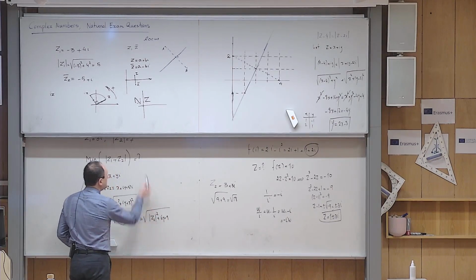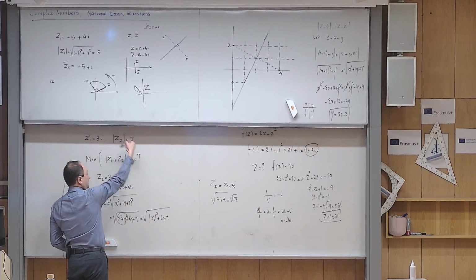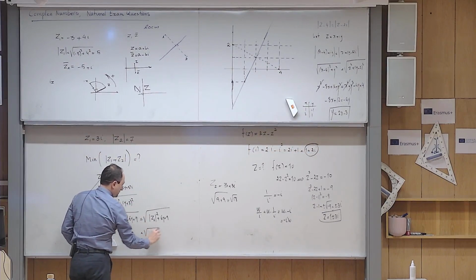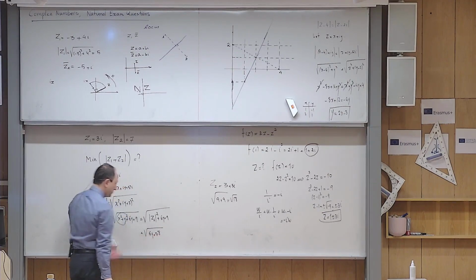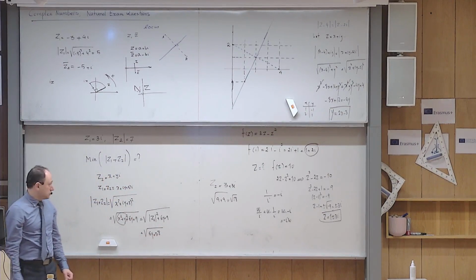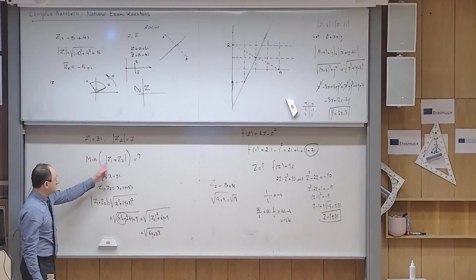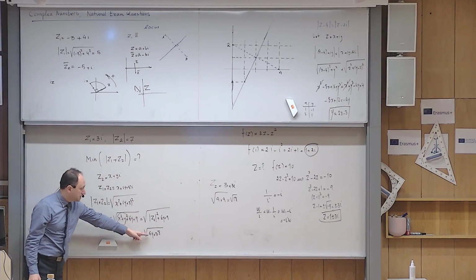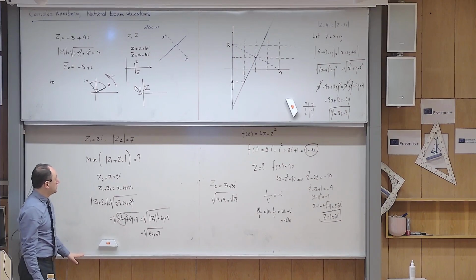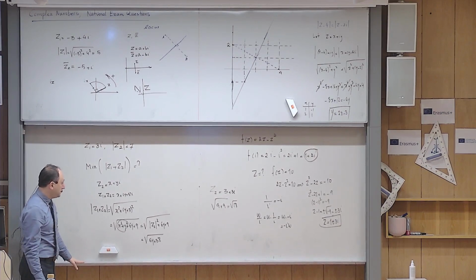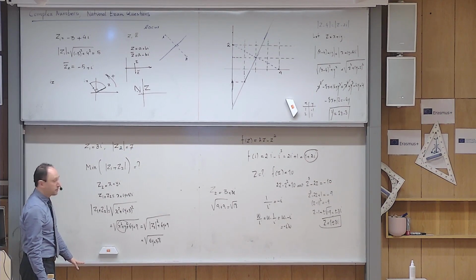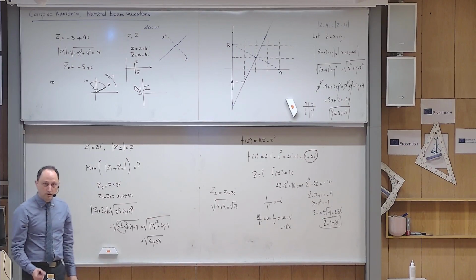But this number is 7, so it becomes 49. So this becomes 49 plus 9, 6y plus 58. If I understood you correctly, this is your calculation. So you are telling that this number can be viewed as this simple square root, but your point is to minimize that problem. So how should you minimize?